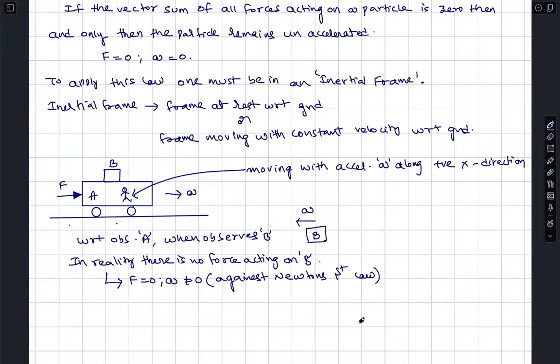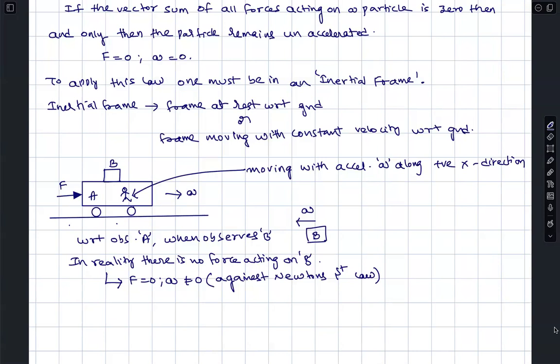Sir, observer A is not in an inertial frame. Correct. So if you wish to apply Newton's law, what is required?